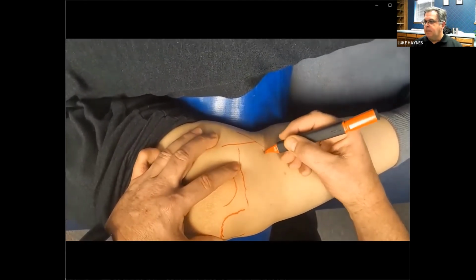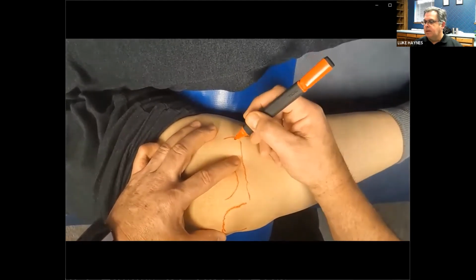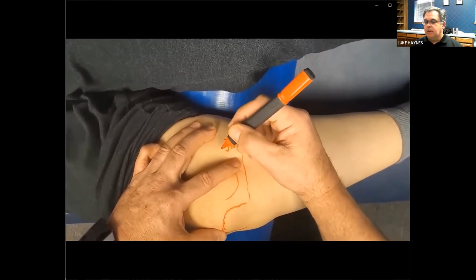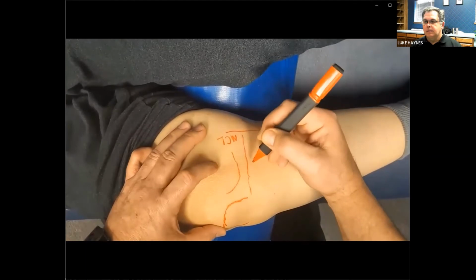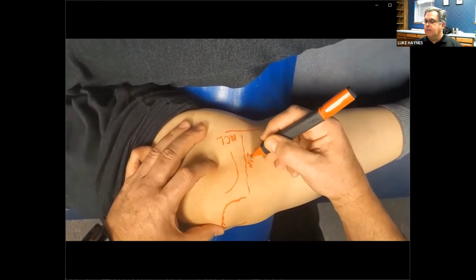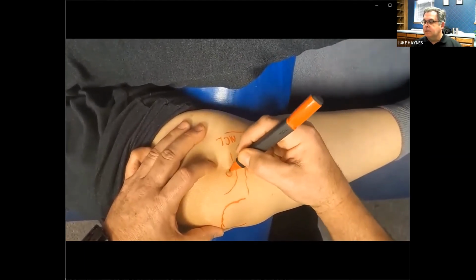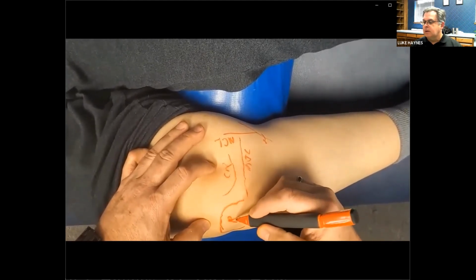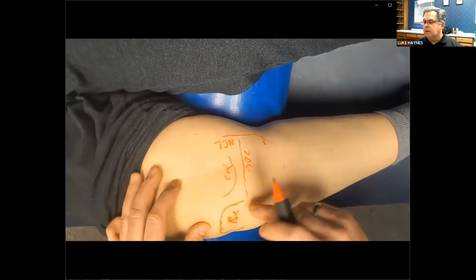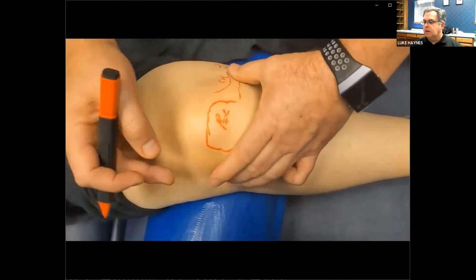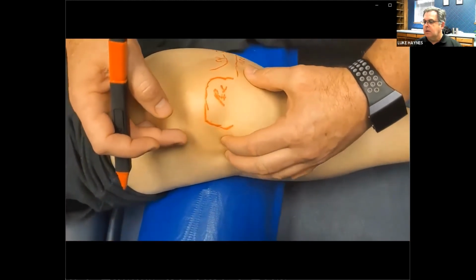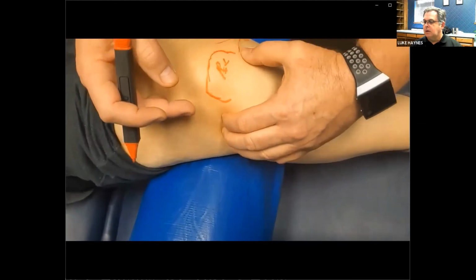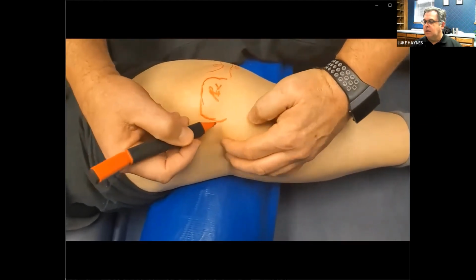So here we have the pes, the medial collateral, here's the medial joint line, and then the condylar ridge. Then here's the patella. There. So the other structure we want to know also is the lateral joint line.